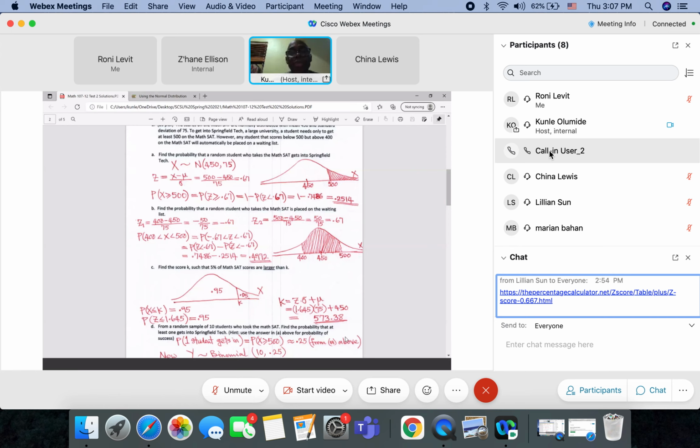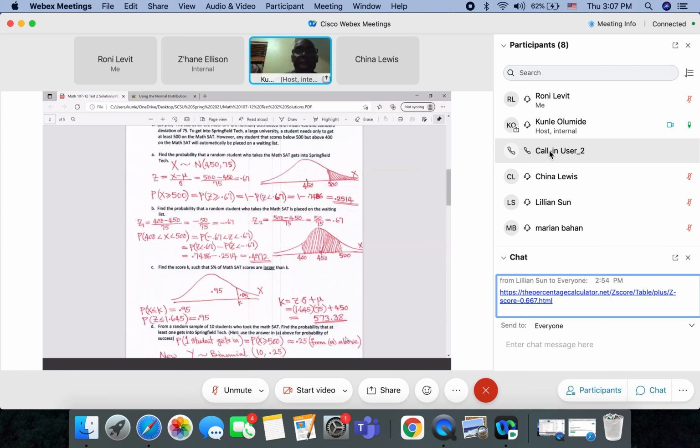But I gave you a hint, right? It said from a random sample of 10 students who took the math SAT, find the probability at least one gets into Springfield Tech. That is a binomial problem, right? Either you get in or you don't.